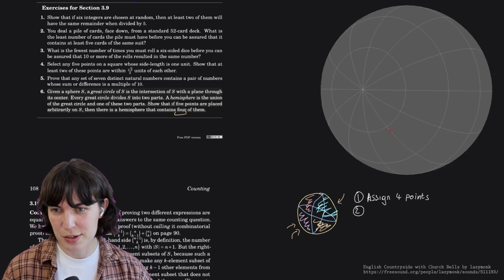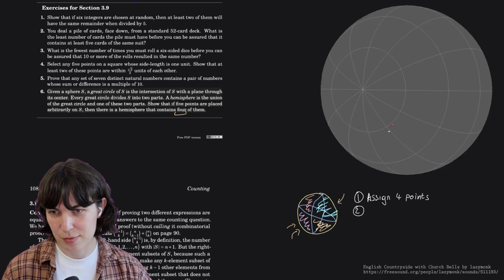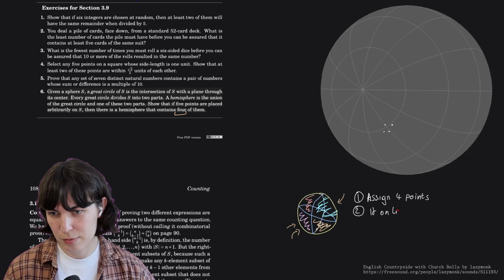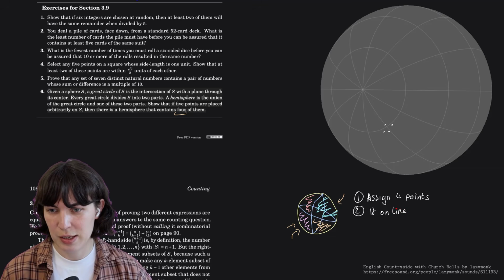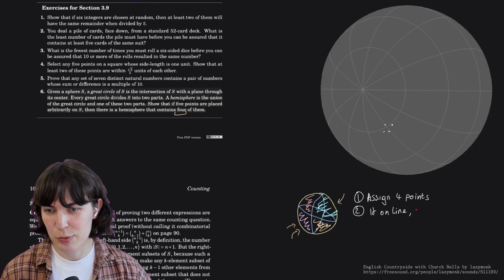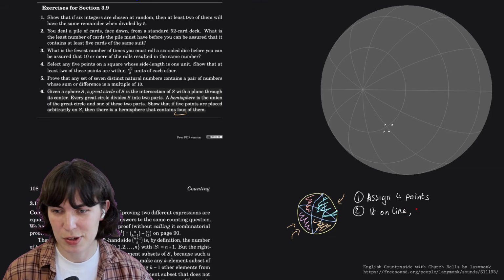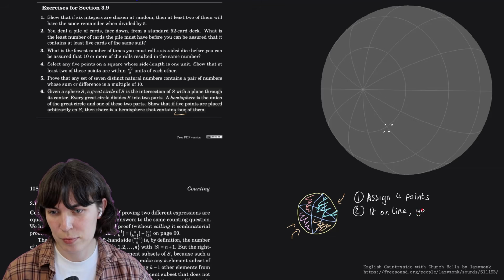So assign 4 points. If they're on a line, we connect them, and that's like a hemisphere. Let's say you win.